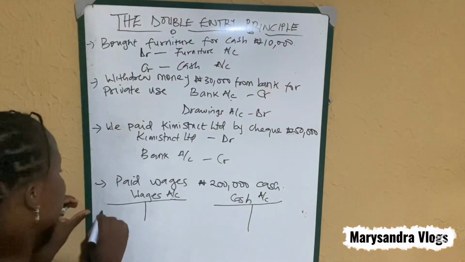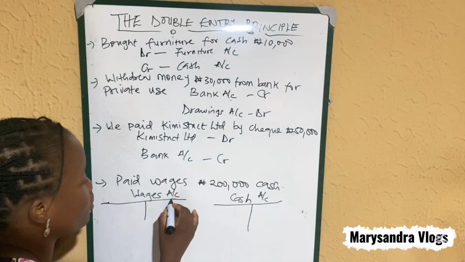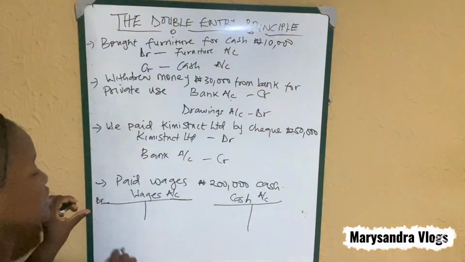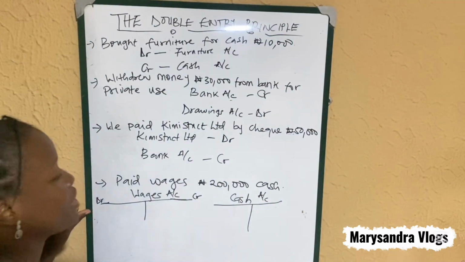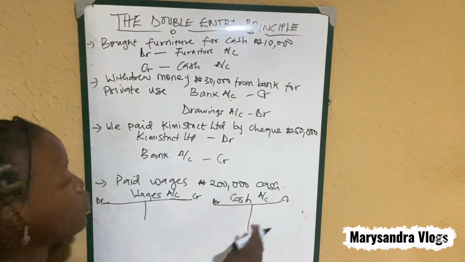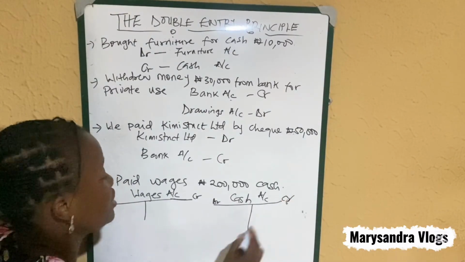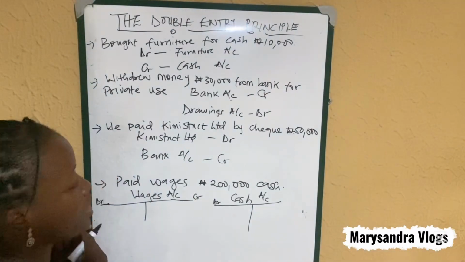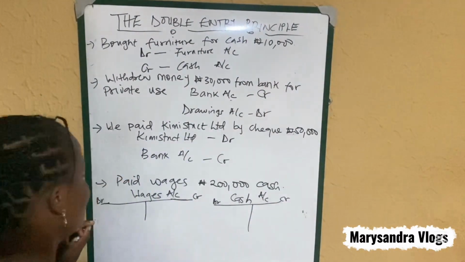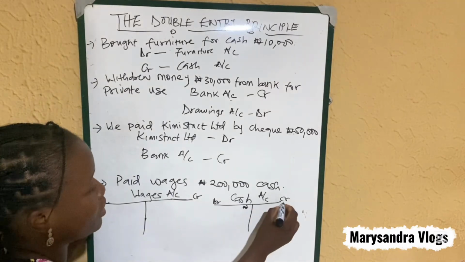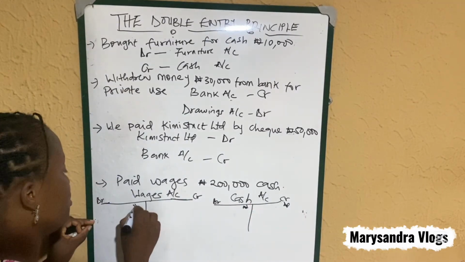In accounting, it is very important, as I've illustrated in my last video, the left hand side is always called the debit side and the right hand side is called the credit side. So we have debit, we have credit. When you are posting, it is very important that you put your currency.